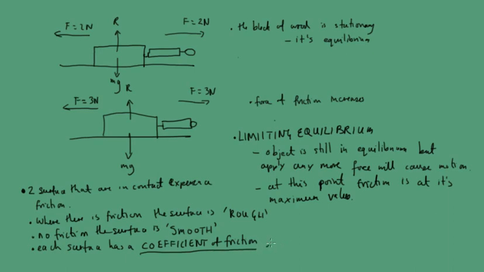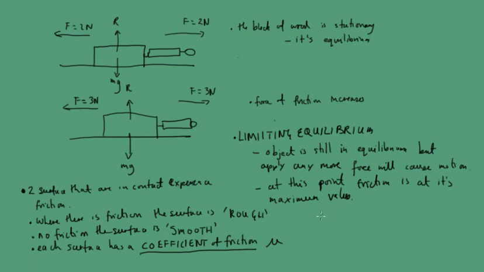And we call that mu. It's the symbol mu. And it is a numerical value which limits the amount of friction a surface experiences.